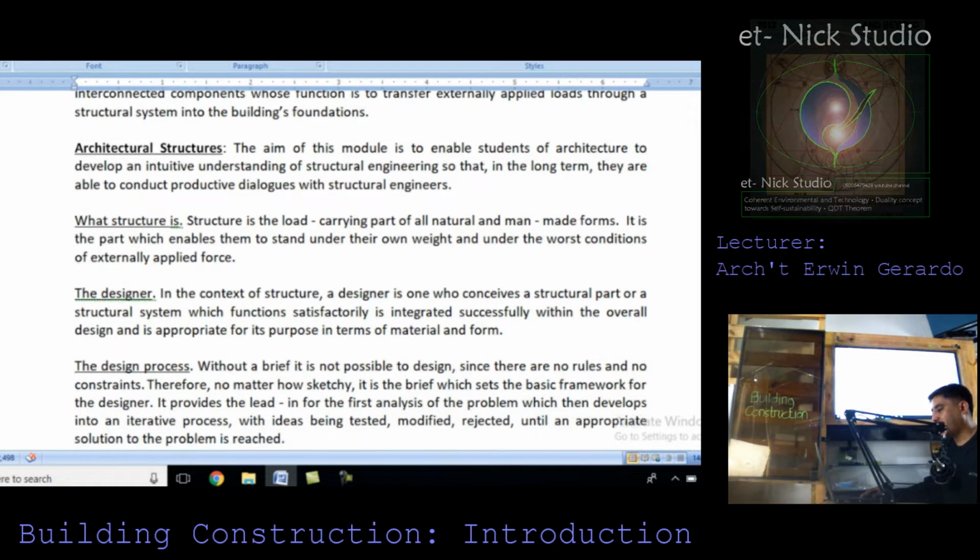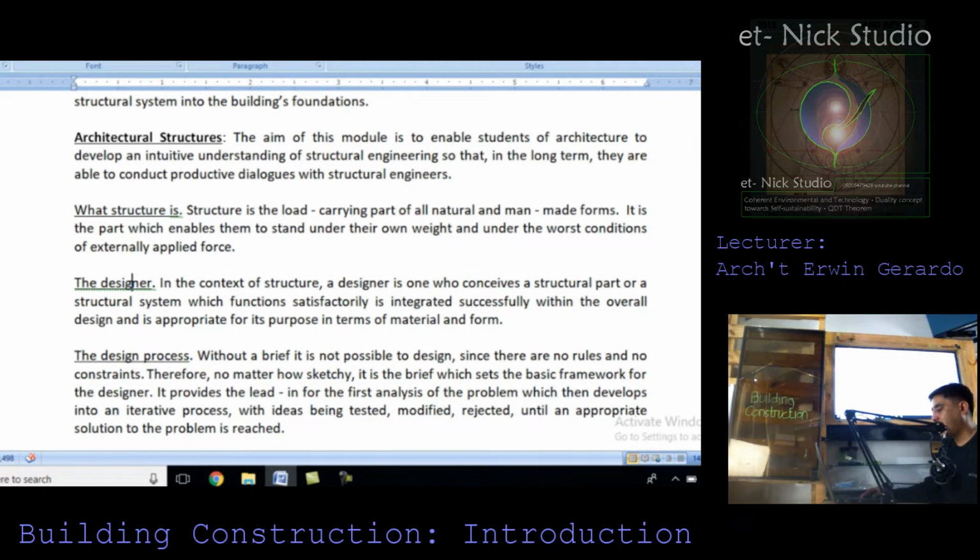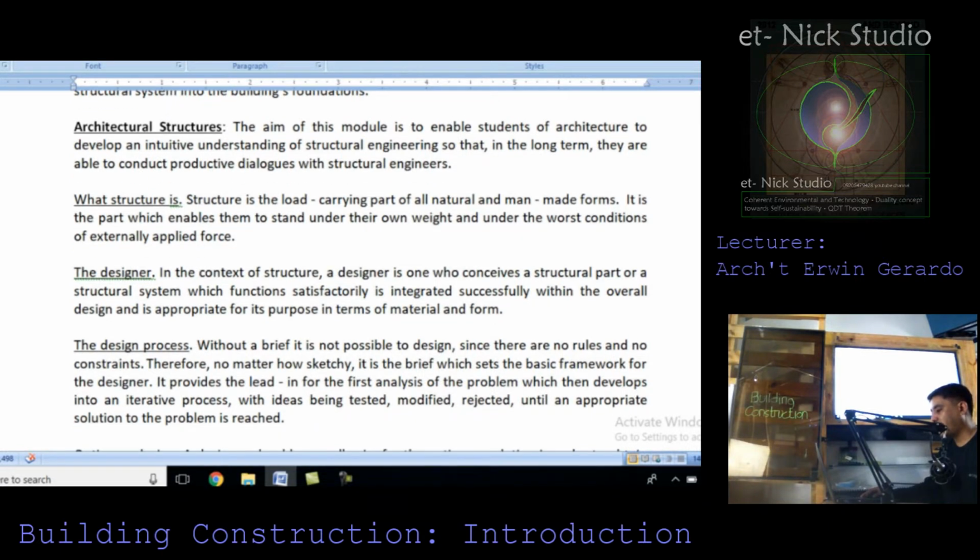The design process. Without a brief, it is not possible to design, since there are no rules and no constraints. Therefore, no matter how sketchy, it is the brief which sets the basic framework for the designer.